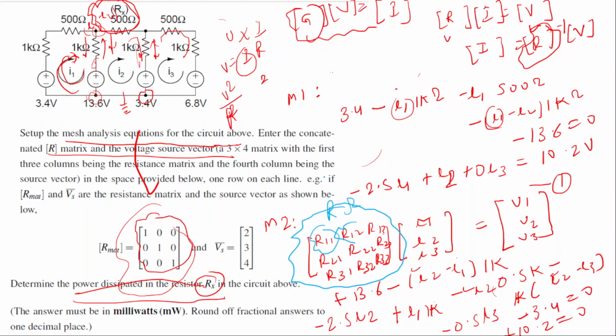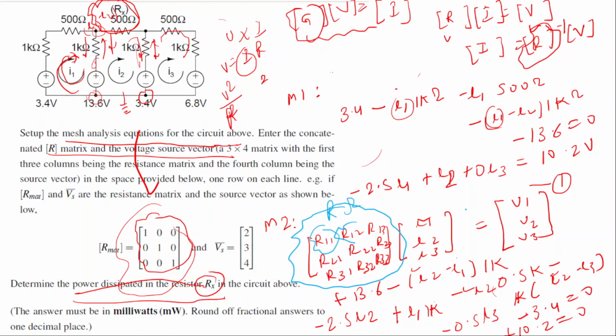Sir, is it the convention that the source vector will always be positive? Then whatever R11, R22 come out, we take them, be it negative or positive. Yes, it is a convention that is followed, but you can take negative also and solve it, and you will get the same I1, I2, I3.